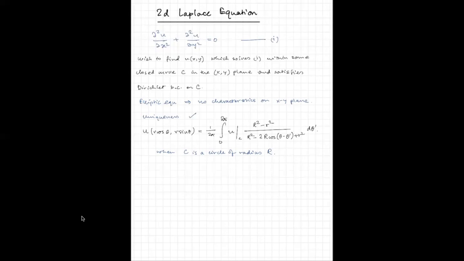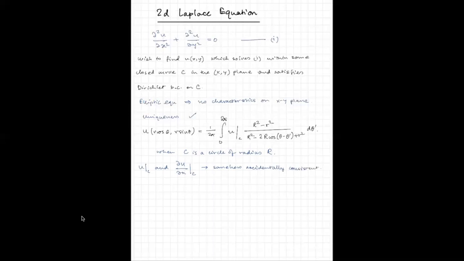Suppose we are exceptionally lucky, and we somehow were able to prescribe this, in the sense that U at C and del U del N at C were somehow accidentally consistent.